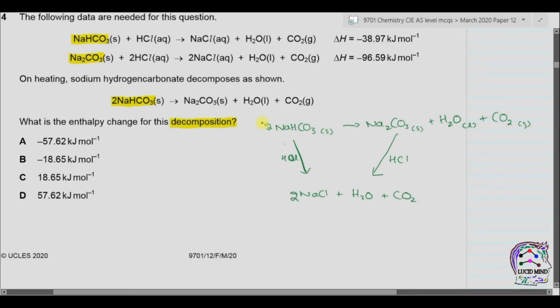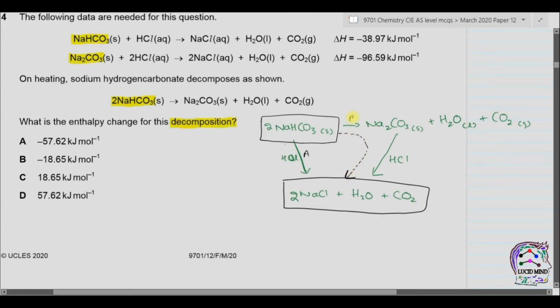If this is the reactant, and this is the final product, so this is going to be A, and two steps are involved here, so this is going to be B and C. So according to Hess's law, A is equal to B plus C. Now we have to find the enthalpy changes in A, B and C.